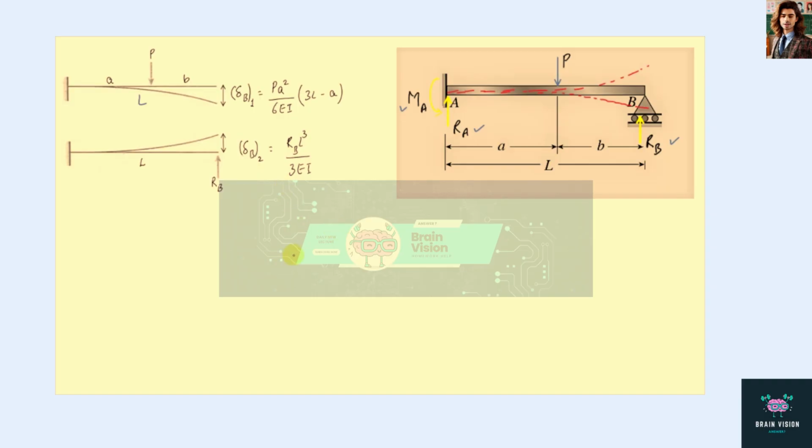Now we can use the compatibility equation to calculate the value of RB. By the compatibility equation, the deflection at point B should be equal to 0.